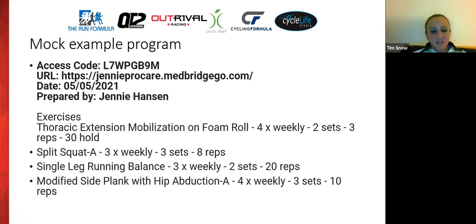So those are just some examples of the things we might look at with our mobility, stability, and strength. I'm just going to pull up an example of what a strength program deliverable might look like.